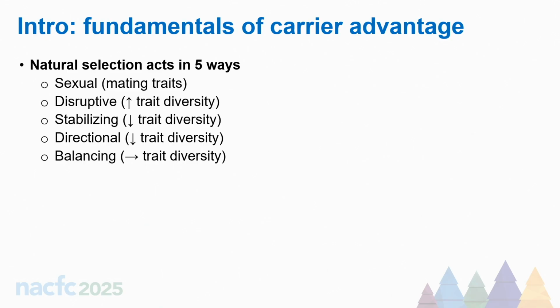So evolution has tended to make children with an average birth weight more valued for the survival of the species. Stabilizing and directional selection have the potential to decrease trait diversity. Disruptive selection increases trait diversity. And then the last one is balancing selection. Balancing selection is a complex one, and that's what carrier advantage falls into.